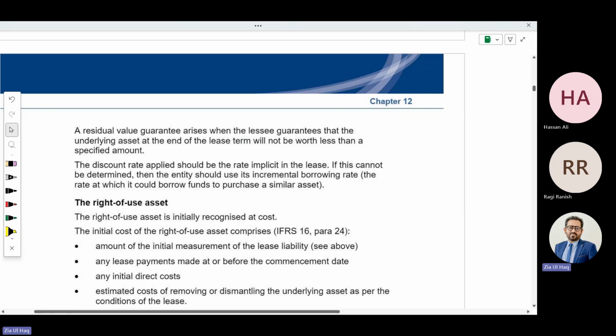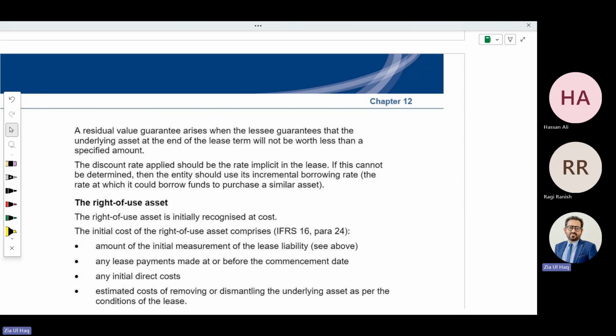Okay, and how should we discount using the discount factor? If the discount factor is given in the question, we will apply the discount factor. If the discount factor is not given in the question, then we will apply the borrowing rate. Borrowing rate means if the lessee can borrow that amount of the asset from the bank, what interest rate will he pay.